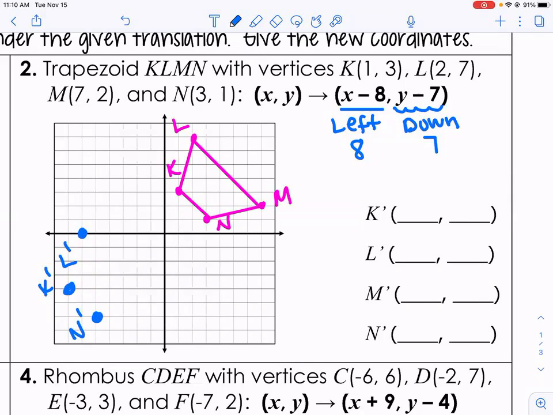Okay, and then M. 1 through 8, then 1 through 7. Left 8 and down 7 with all those points. Yeah, I got it. Hey, nice work.